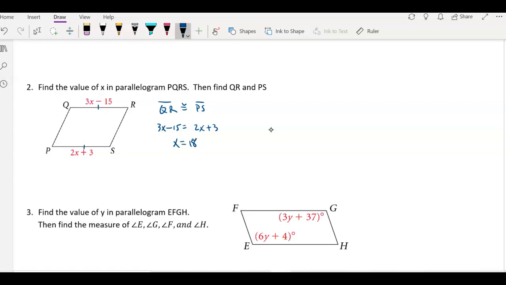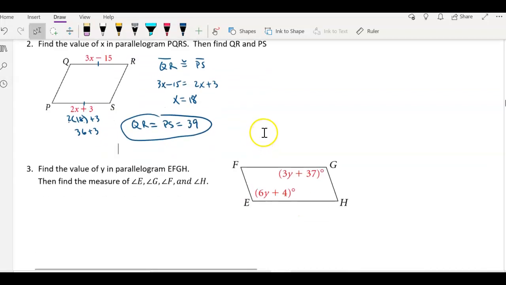Now they want us to find QR and PS. Well, I know QR is equal to PS, which all I have to do is plug 18 in for x. 2 times 18 is 36 plus 3, which would give me 39 units long. And that would be the measure of both segments.